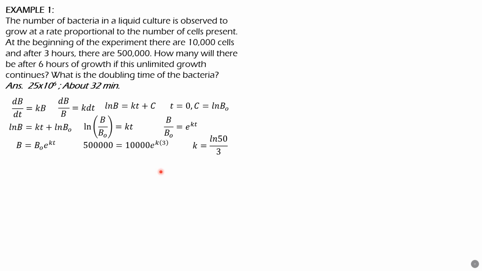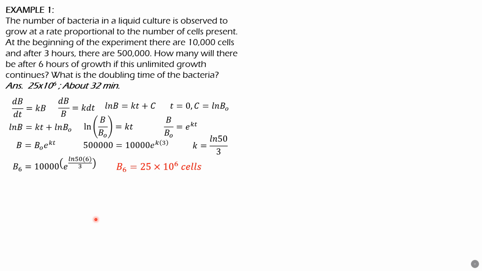The formula therefore gives B sub 6, after 6 hours of growth, equals B sub 0, 10,000, times e to the ln of 50 over 3 times the time, which is 6 hours. Calculating B sub 6, that is 25 times 10 to the 6 cells.